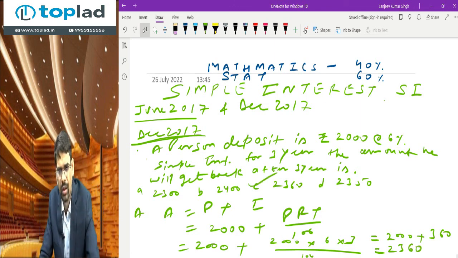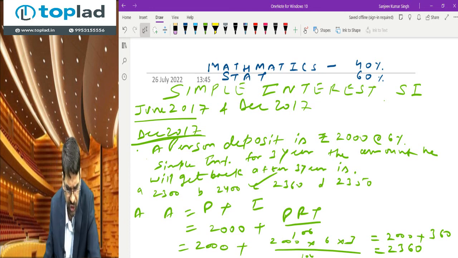You know, this is the step you have to follow the first time. First time you write all the steps into your notebook. Whenever you do the revision, you just do the question on the calculator another way, whether you skip one step or two steps and write a direct answer.